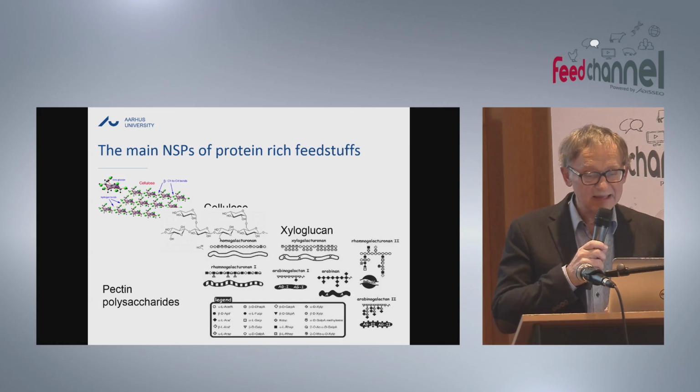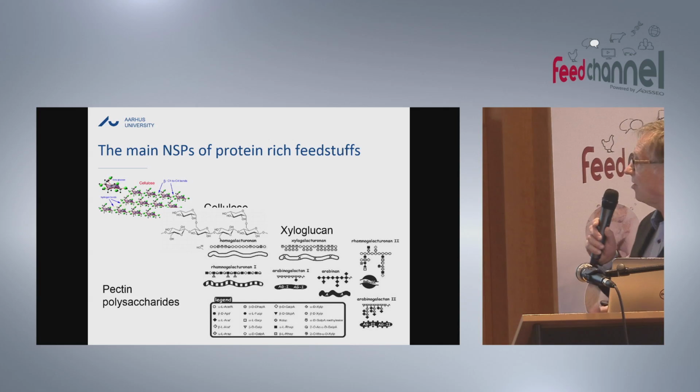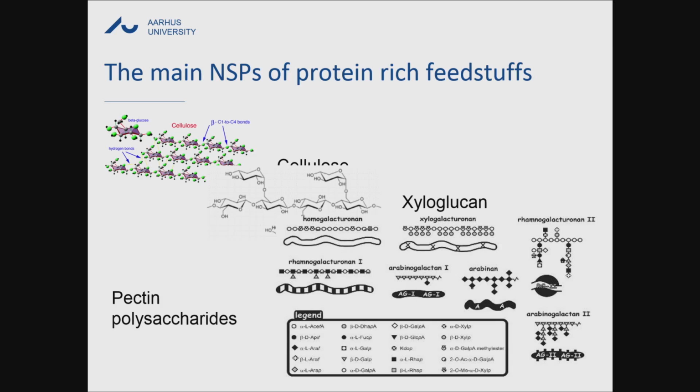And then you have very complex pectin structures, which are present in many of the cell walls, particularly in protein-rich materials. They have different structures depending on whether they are present in the cotyledon or the germ, relative to the outer parts of the grain.